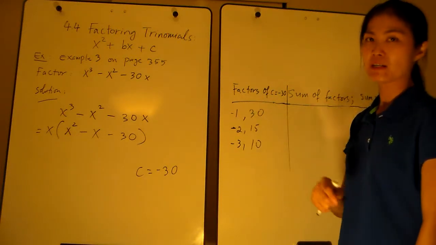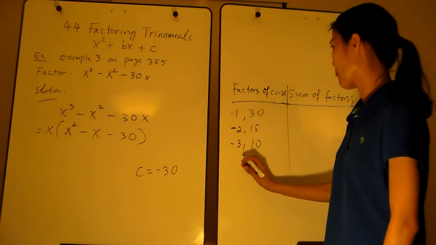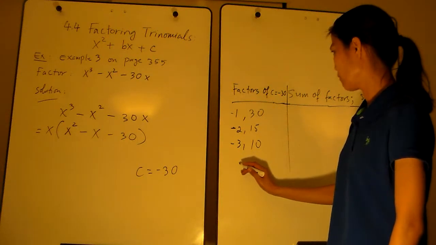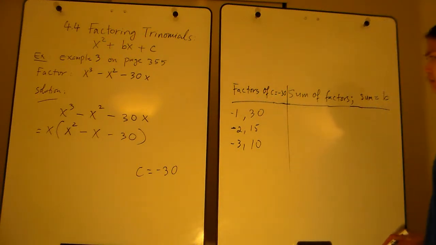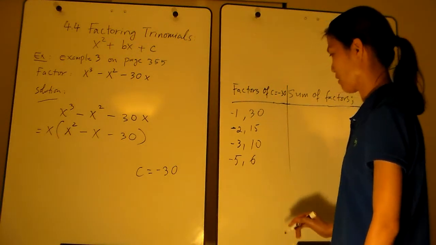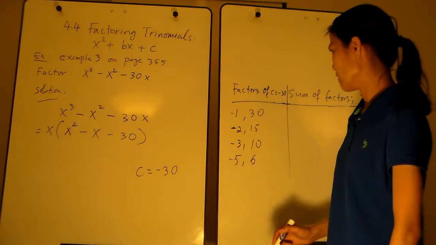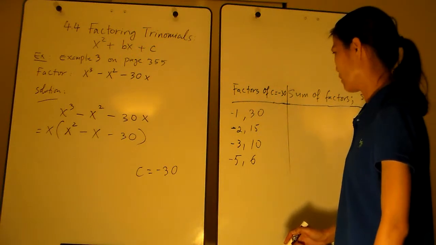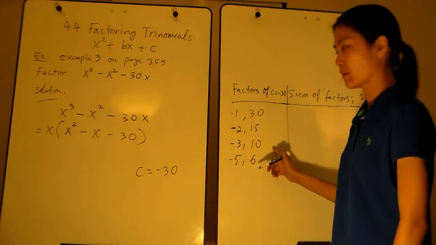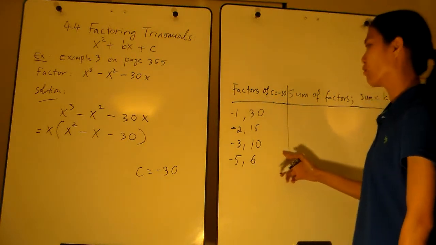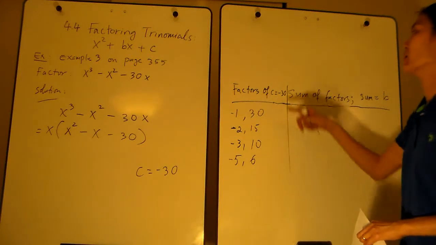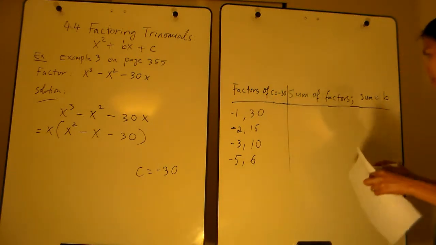Let's see. 4? No. 5? Yes. Negative 5 times 6 is 30. 7? No. 8? No. 10? Yes, but we already have the 10 here. So it turns out there are only 4 forms when you're factoring negative 30.